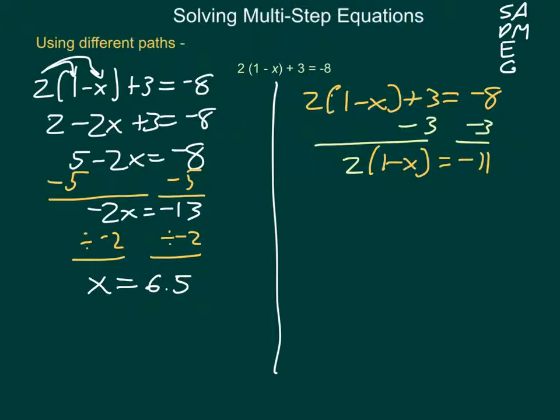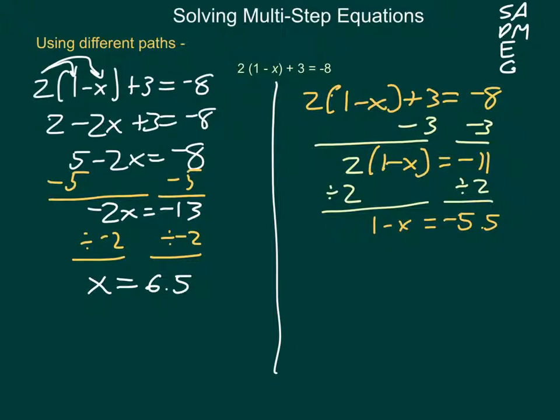Next, do I have any division or multiplication outside of my group? Yes, I have this 2 times, so I'm going to divide by 2 on both sides of my equal sign. And that leaves me with just what was inside of my group, 1 minus x. And that is going to equal negative 11 divided by 2, which is a negative 5 and 5/10, or 5.5.